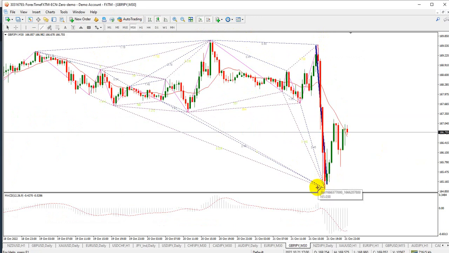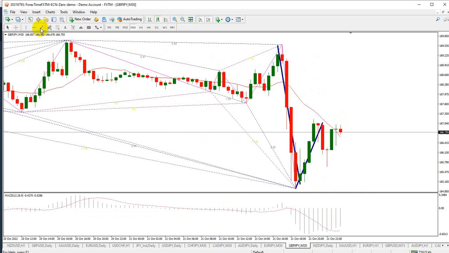Let's see if this setup will actually work very well, something like this. But at the moment, I don't think I'm interested in GBP JPY right now because it's not very clear.